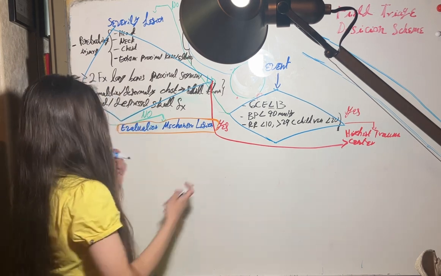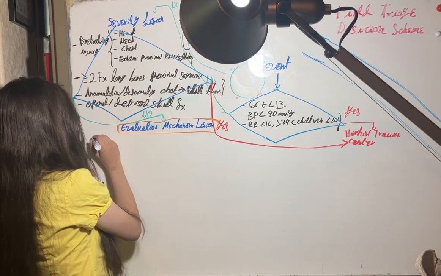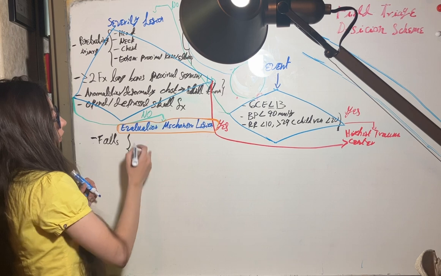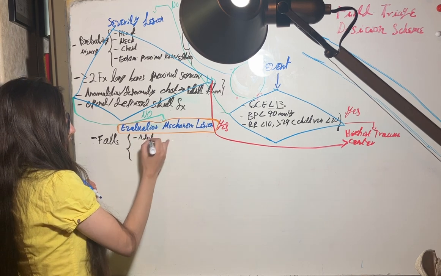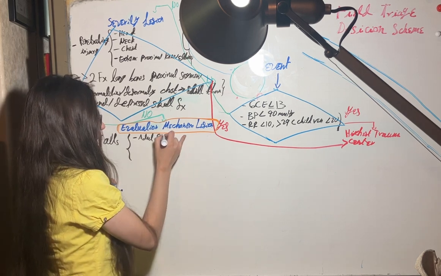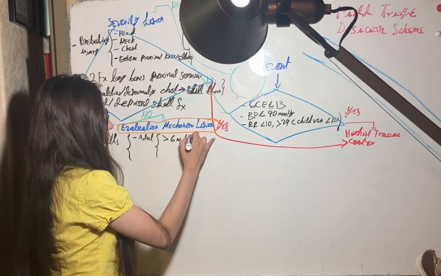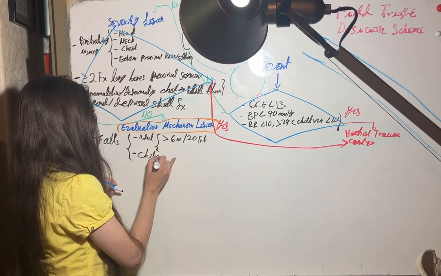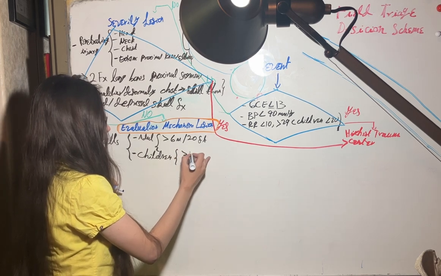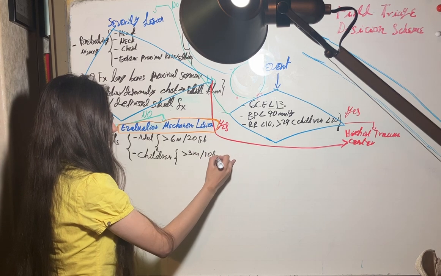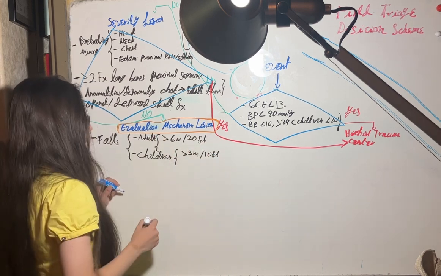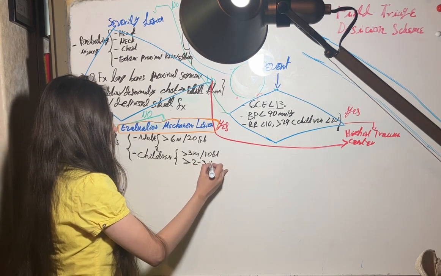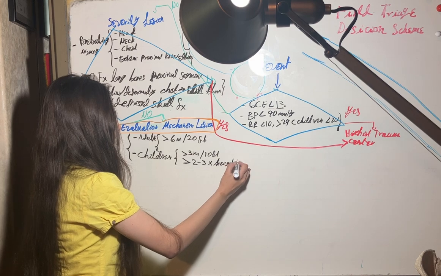So again, the question is, talking about falls, if an adult patient has fallen from a height greater than 6 meters or 20 feet, or if it's a child, if the child has fallen from a height greater than 3 meters or 10 feet, I mean half of the adult, or if the child has fallen from a height which is greater than 2 to 3 times the height of the child.